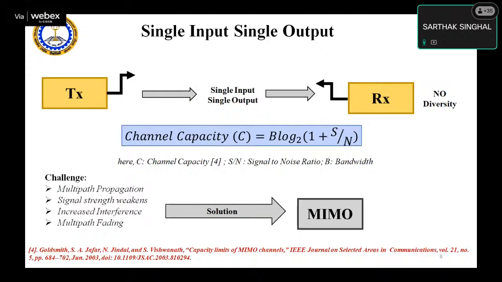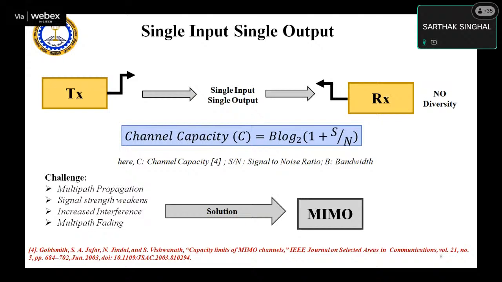Now the problem with this SISO is multipath propagation. When the signal travels in free space, its multiple versions are received at the receiver end.